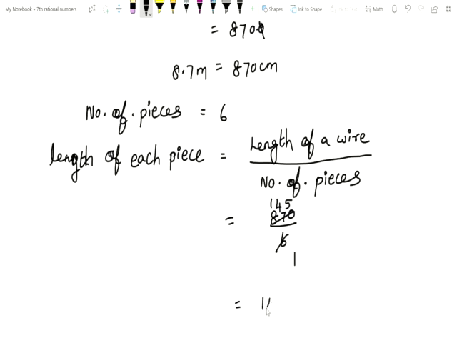So 145 centimeter. Length of each piece equal to 145 centimeter. Do you understand, children? Length of each piece equal to length of your wire divided by number of pieces. So 870 by 6, while dividing this, what we are getting? 145 centimeter. Thank you, children.